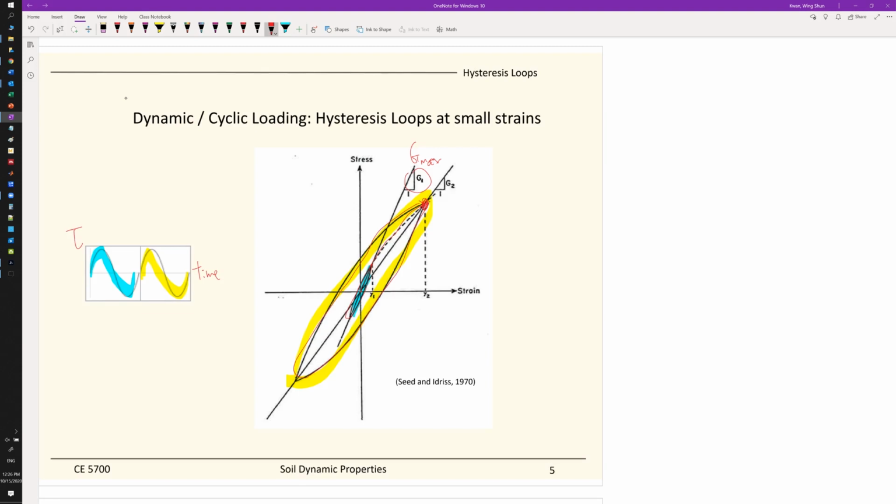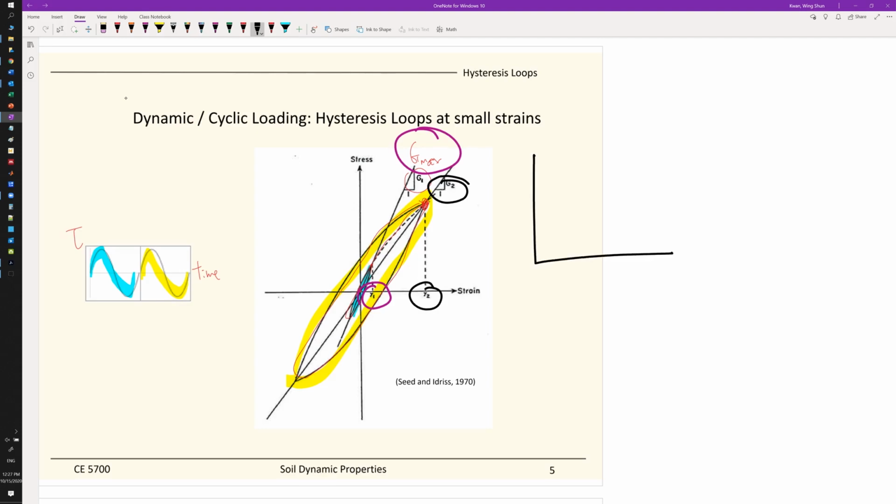Each loop gives you one G value, the shear modulus value, and so each one gives you a pair of data. Again, you have the shear modulus and the corresponding shear strain, and then you have the second loop. You have the second corresponding shear modulus and also the corresponding shear strain.